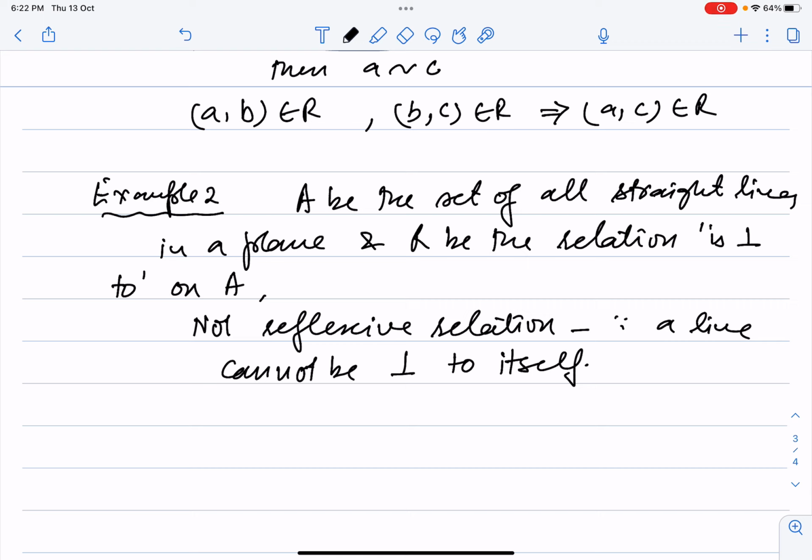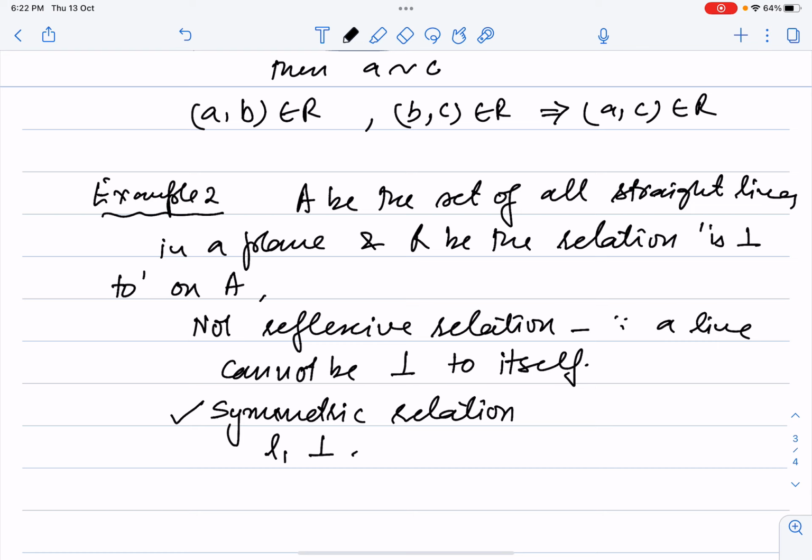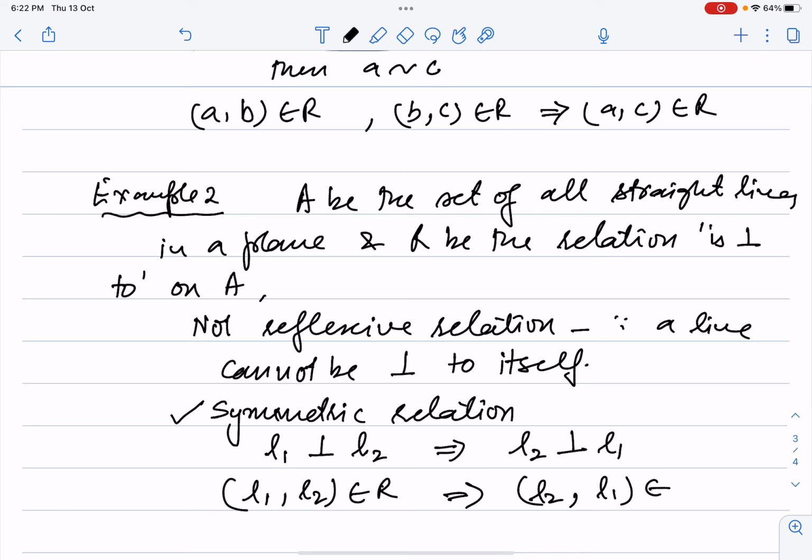Yes, it is a symmetric relation. Why? Because if line L1 is perpendicular to L2, then L2 is also perpendicular to L1. So if (L1, L2) belongs to R, then (L2, L1) will also belong to R, right?